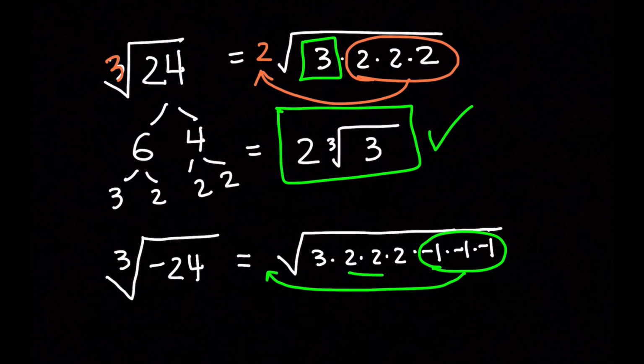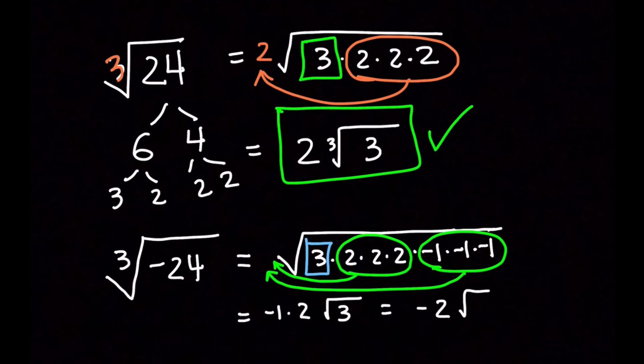It will take another set of 3 and 1 will come out. Again, 3 is a single, that will remain in there. So I've got negative 1 times 2 cube root of 3. So my final answer, negative 2 cube root of 3. Pardon. My final answer.